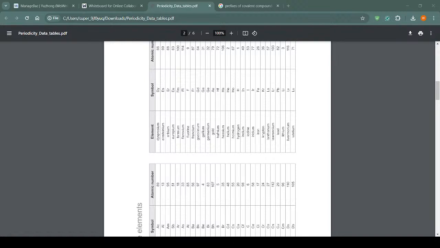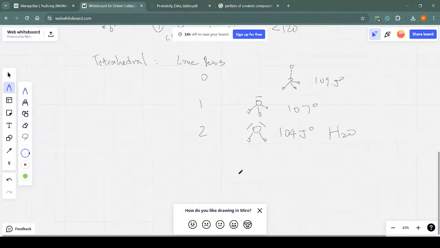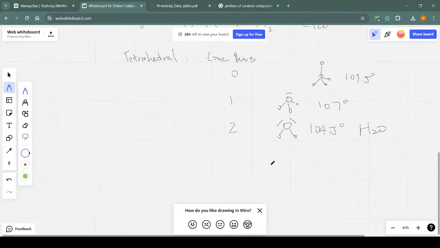Oh yeah, apparently HCl is classified as tetrahedral, and it's classified as having 3 lone pairs because it's supposed to be like this.